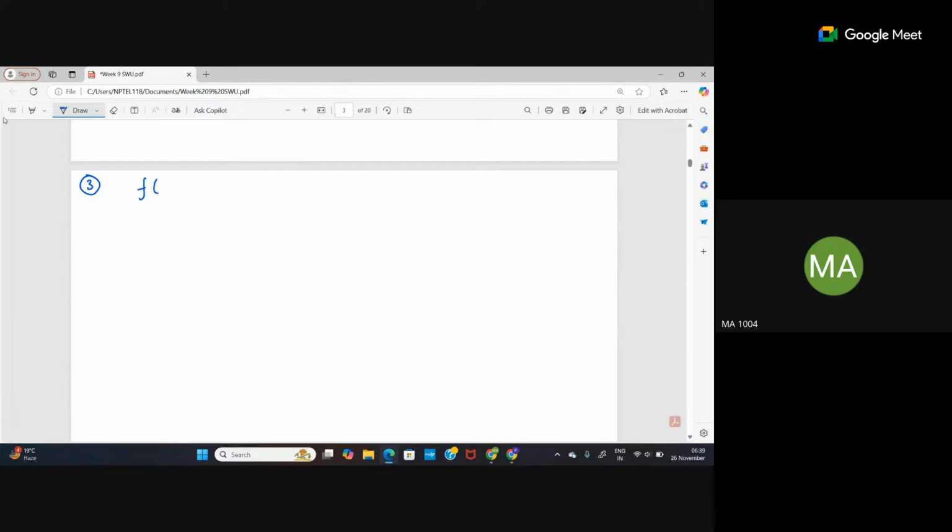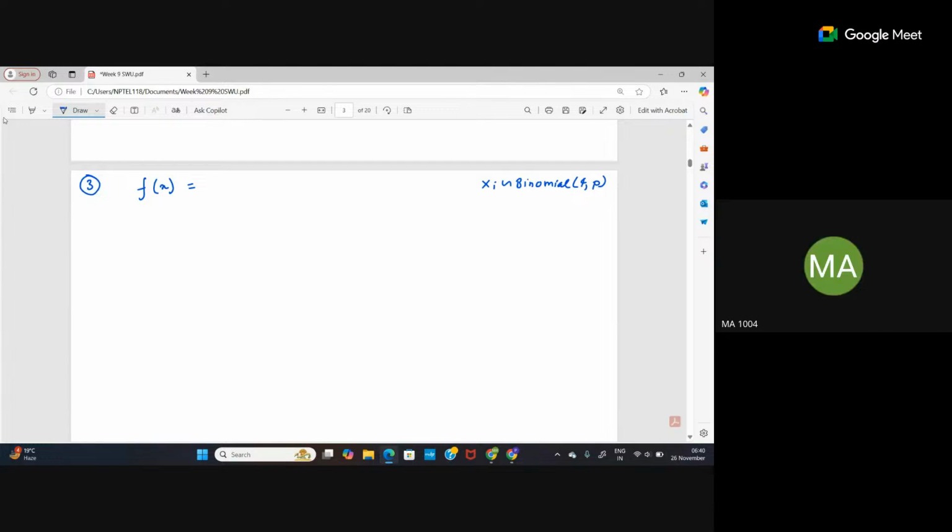Okay, so what will be the PDF for binomial 4 comma p? It is nCk into p to the power of k into 1 minus p to the power of n minus k.